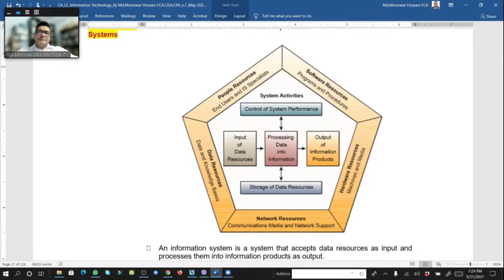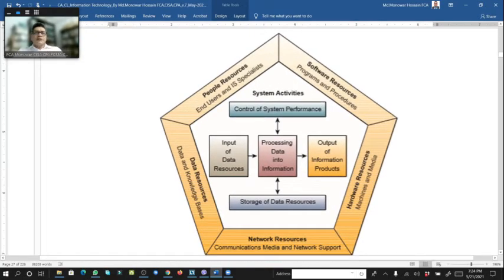If we look at people resources, they are end users and information system specialists. The end users are the ones using the system, and the specialists are those who make the software, coding it, the programmers. End users include data entry operators, customer care service, accounts officers, and the cash officer or teller of the bank. All are people, so it is the people resource.